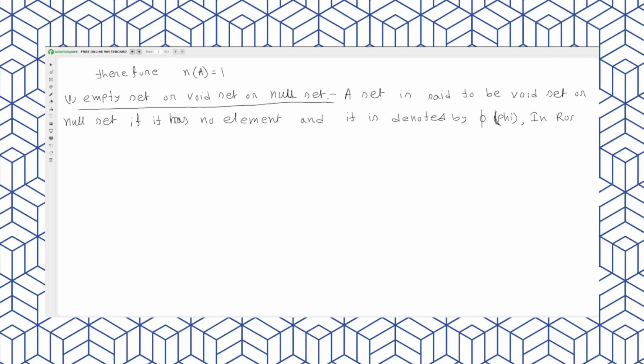In roster form, the null set is denoted by empty space within curly brackets. For example, in set builder form, {x such that x belongs to R and x squared equals -2}, which is impossible because the square of a real number can't be negative. So in this example, the property of x is impossible. Therefore the set has no elements in it.